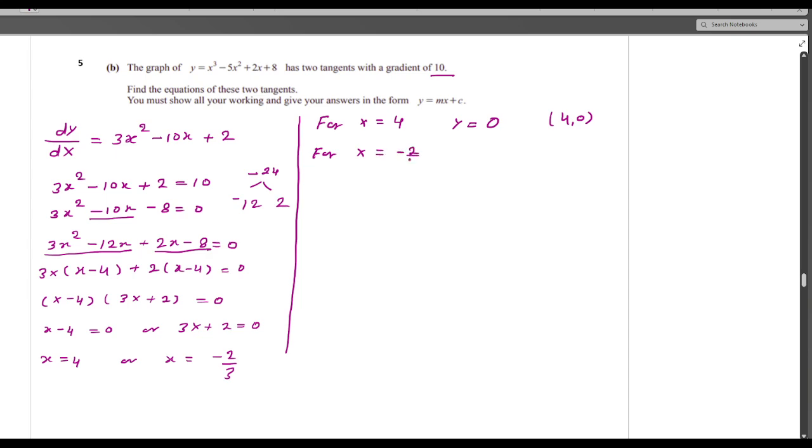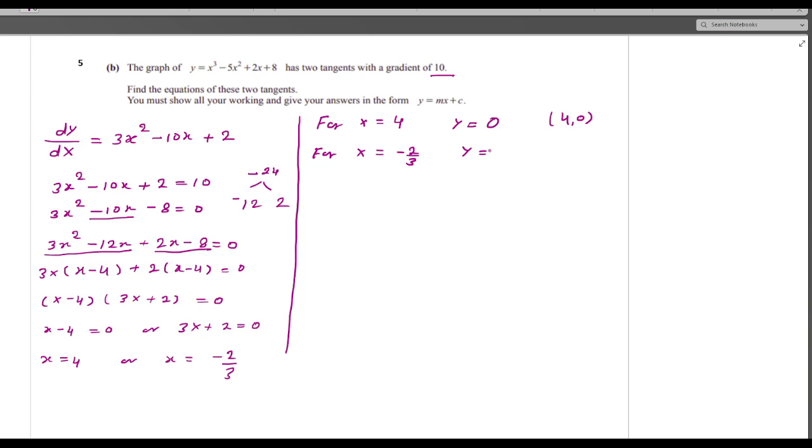And for x equal to minus 2 divided by 3, your y value is: we will take minus 2 divided by 3 the whole cube minus 5 times minus 2 divided by 3 square plus 2 times minus 2 divided by 3 plus 8.